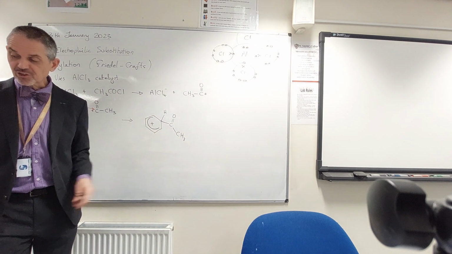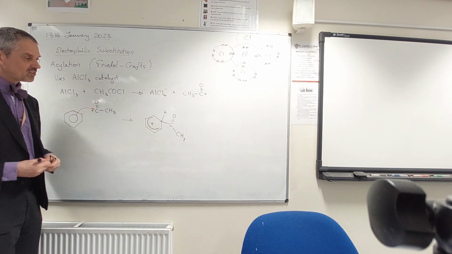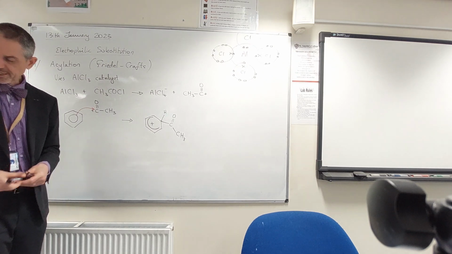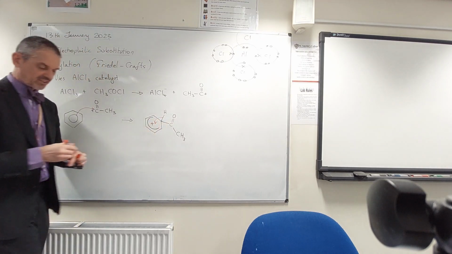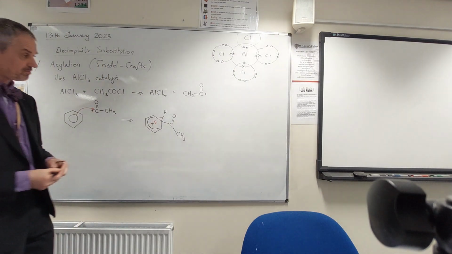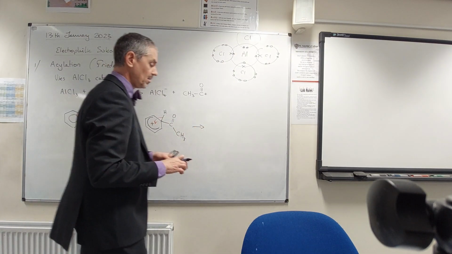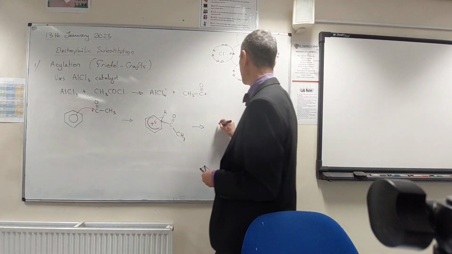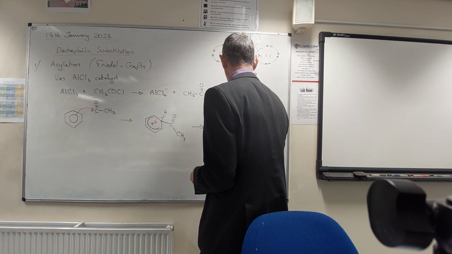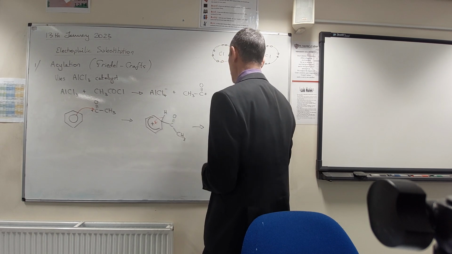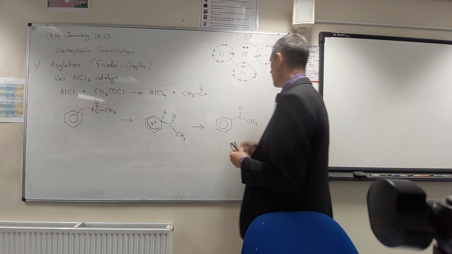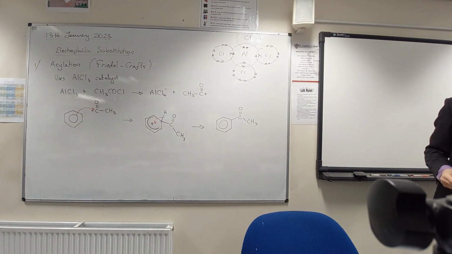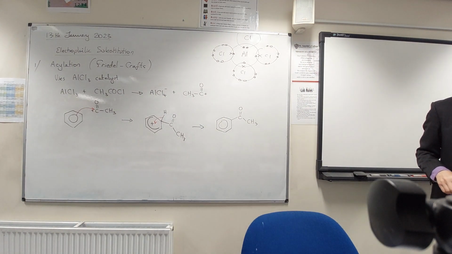But instead of adding the nitro group, we've added this COCH3 group. Okay, and then those electrons from the carbon-hydrogen bond get taken back into the ring, and hooray! We've got our ring back, and we've now added the acyl group onto there.